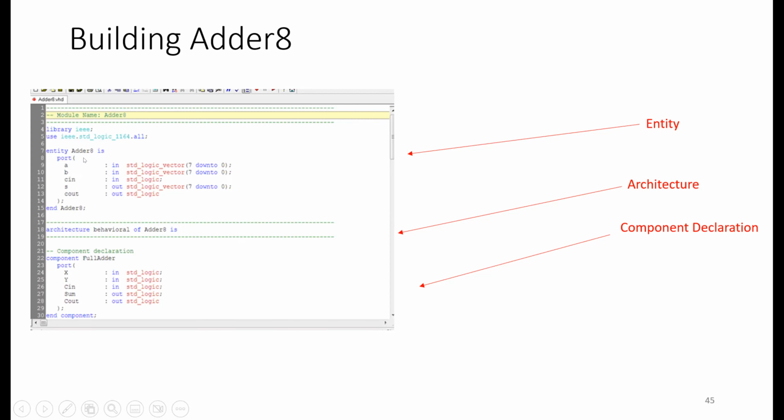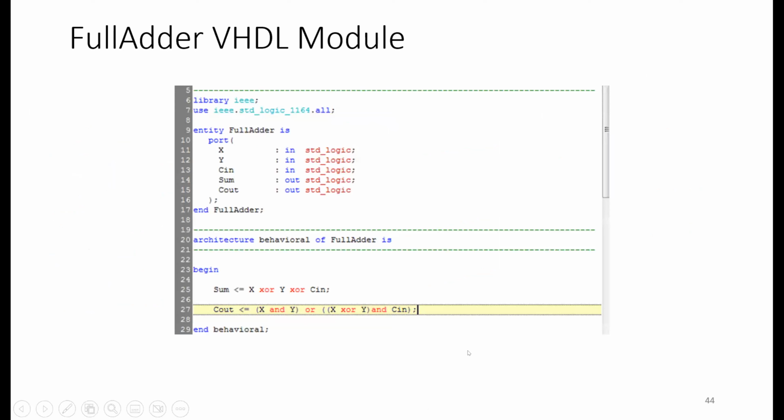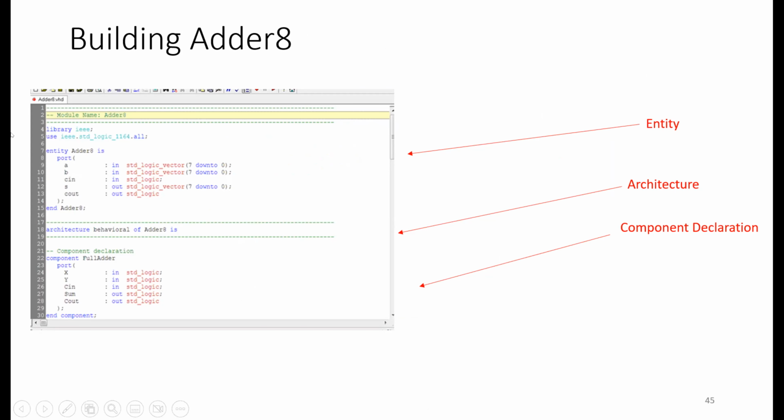For this one, the entity, I have A, 7 to 0. B, again, 7 down to 0. C in, it is 1 bit. This one, this is C in. Summation, 7 to 0.